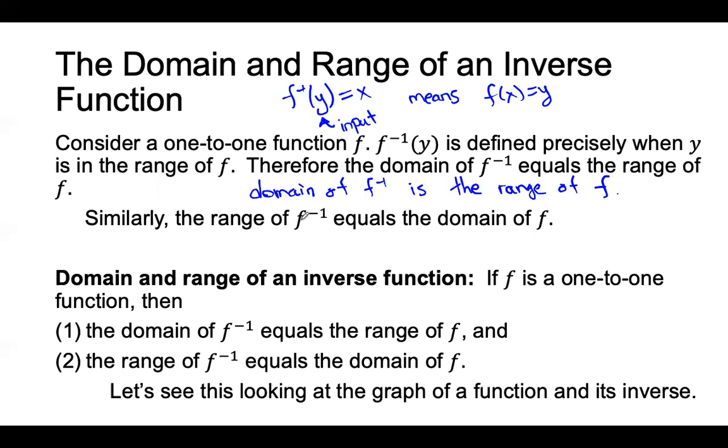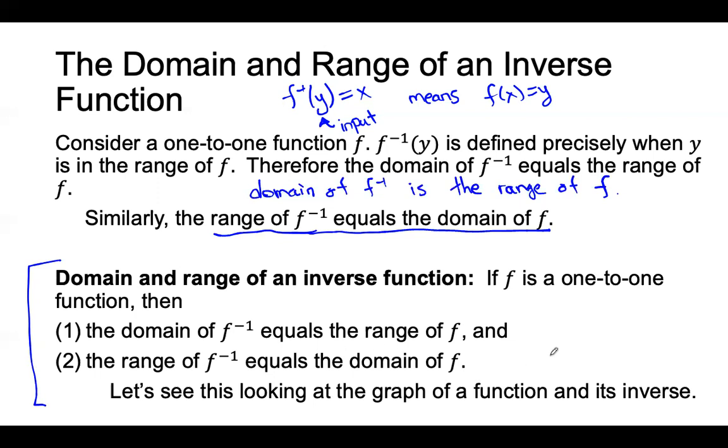So you should be able to see that the range of the inverse equals the domain of f. You can draw yourself a little sketch as to why they switch. So the takeaway here is the domain and range of an inverse function. If f is a one-to-one function, then the domain of the inverse equals the range of the function, and the range of the inverse equals the domain of the function.